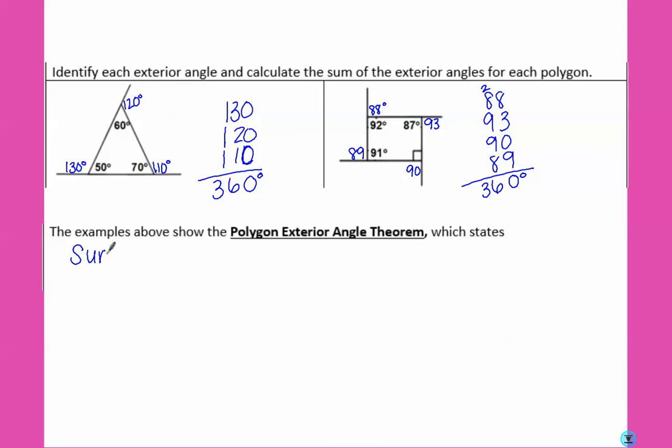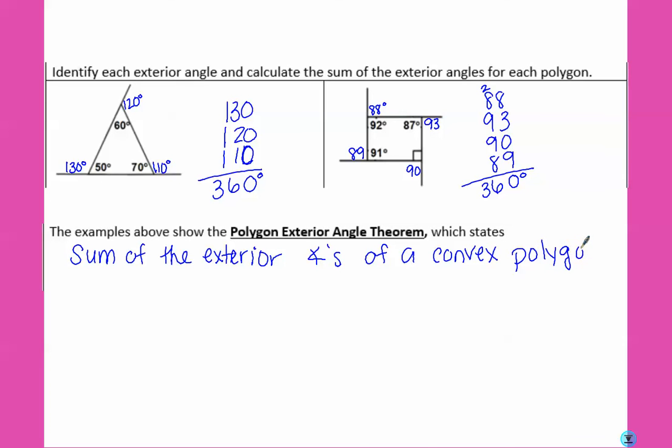So the sum of the exterior angles of a convex polygon, it has to be convex, is always 360 degrees.